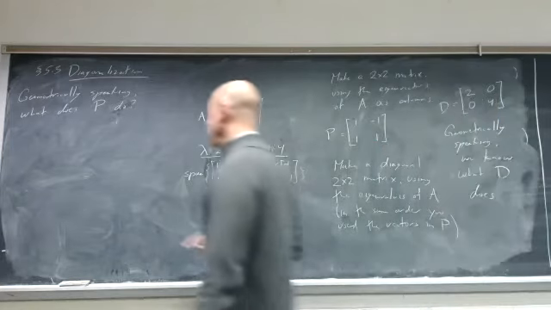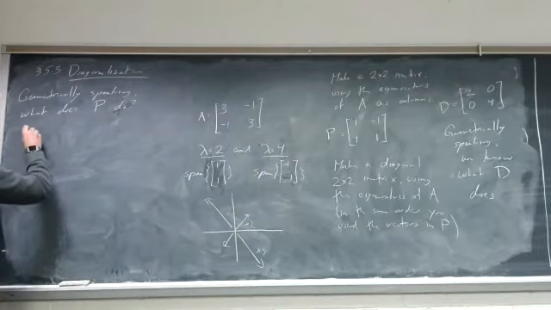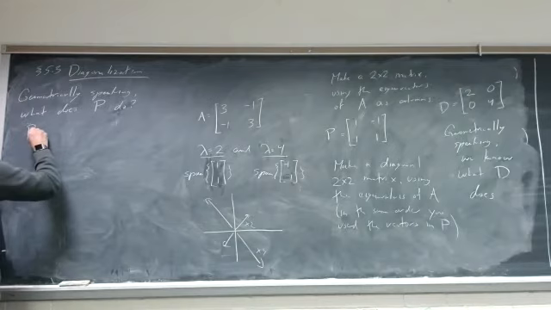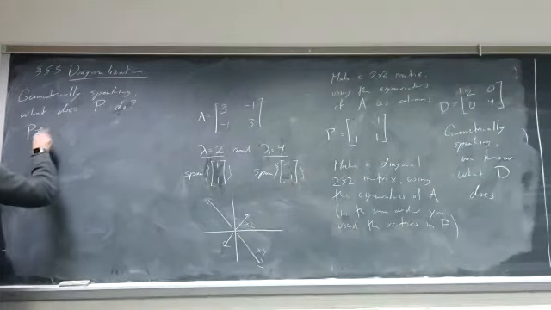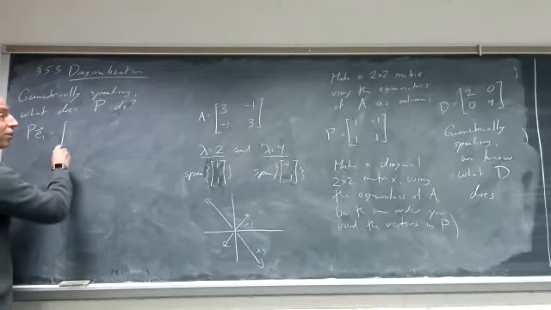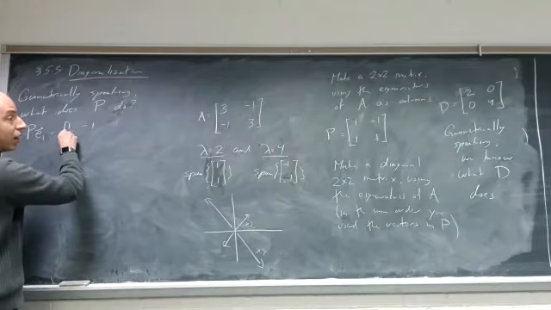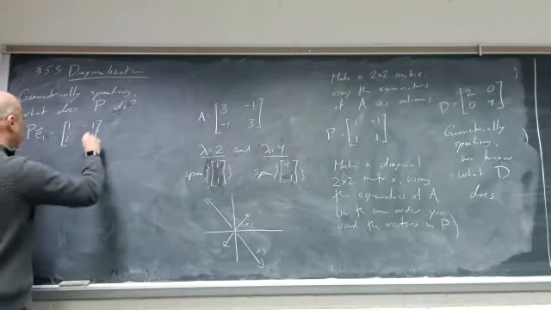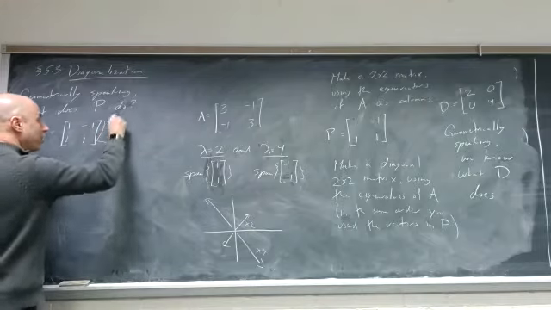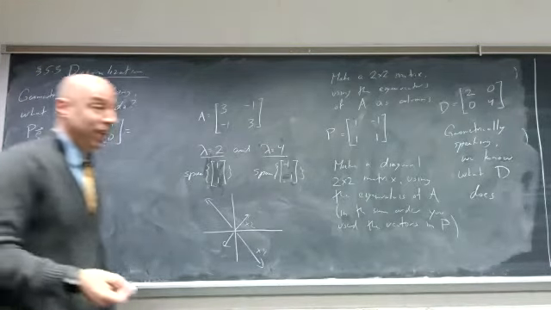Let's see what P does to the vectors 1, 0 and 0, 1. So let's take P times what we sometimes call E1. E1 is the vector 1, 0. P was 1, negative 1, 1, 1, and E1 is 1, 0. Go ahead and do that multiplication. That should be hopefully easy for you now.